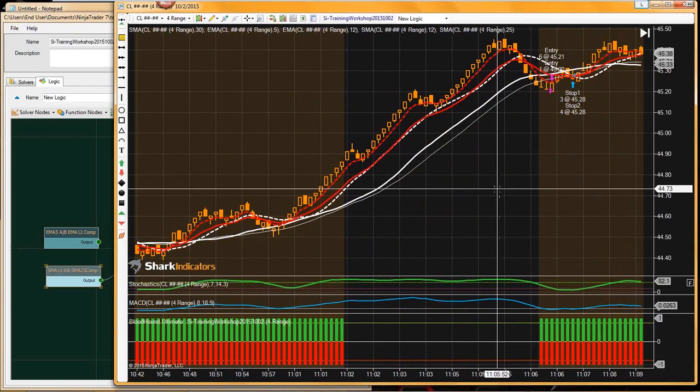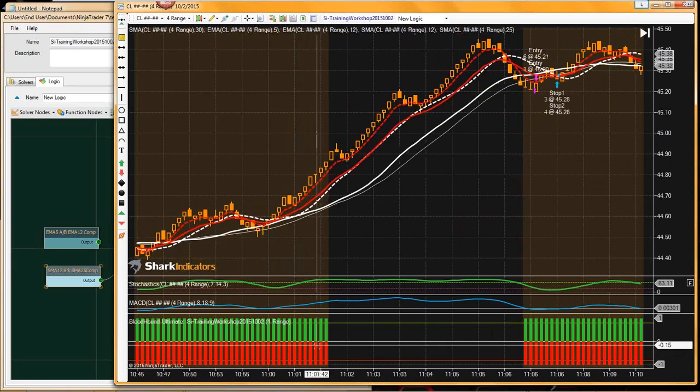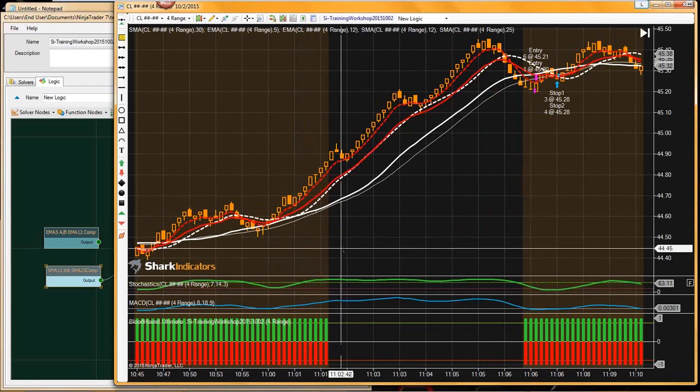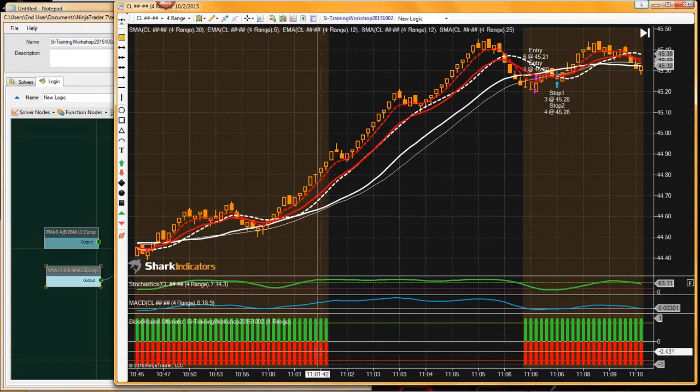But we can see here we get a long and a short output at the same time. If you're looking for two indicator plots to be within a certain distance of each other, that is a non-directional kind of condition. That's why you want a long and a short out together at the same time.